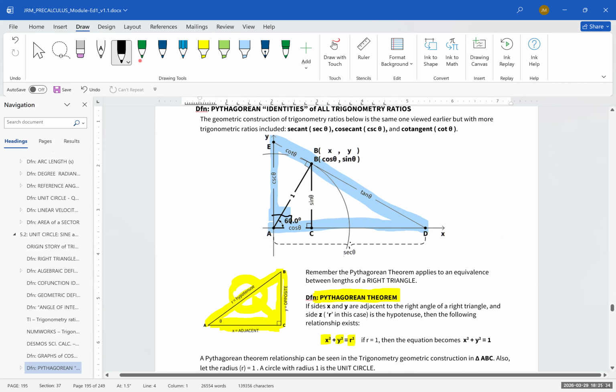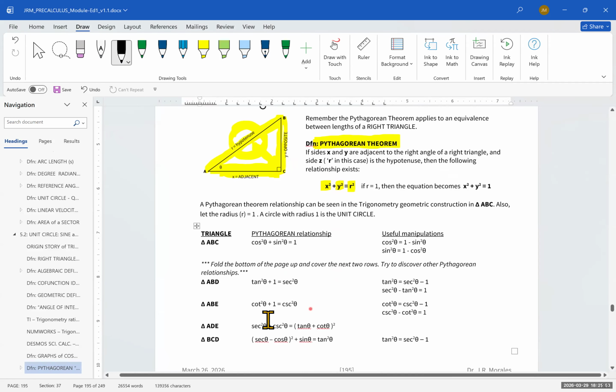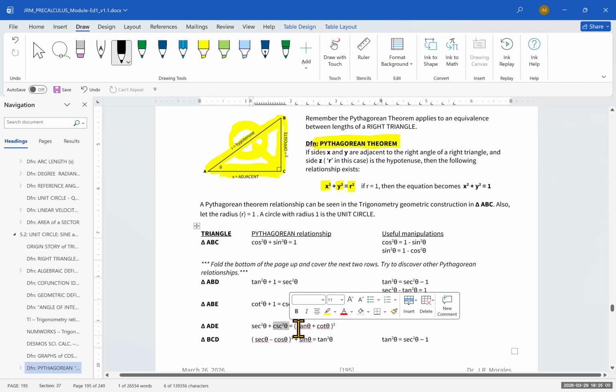So we're going to have secant squared theta plus cosecant squared theta is equal to cotangent theta plus tangent theta squared. So if we come down here, that's what we have. Secant squared theta plus cosecant squared theta is equal to tangent theta plus cotangent theta squared.